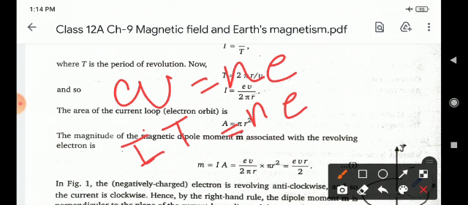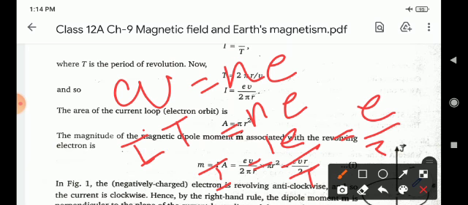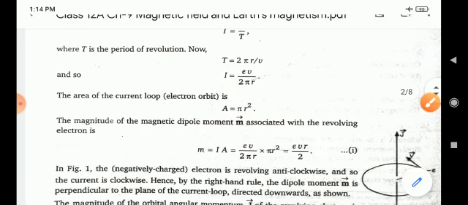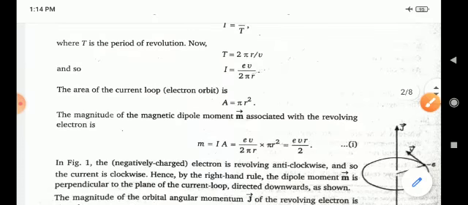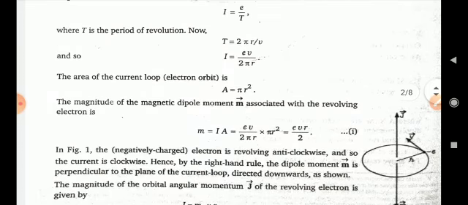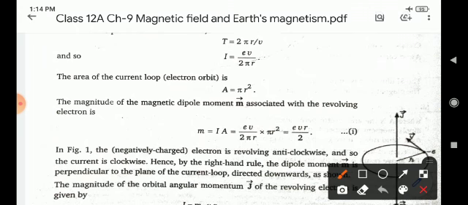Therefore I equal to e upon T, where if n is equal to 1, that is, the number of electrons is 1, therefore the value will be e upon T, where T is the time period of revolution. We know that the formula of T equal to 2 pi r upon v.